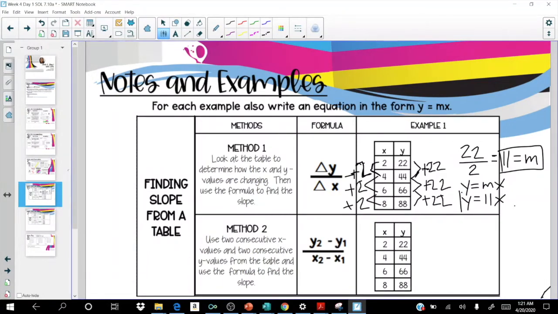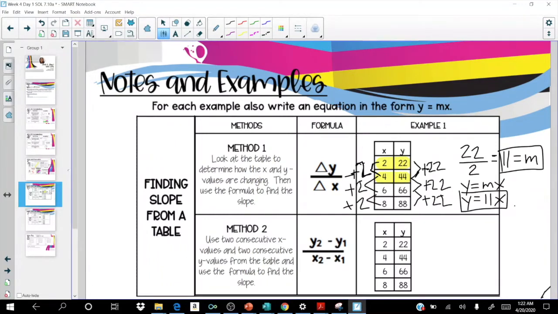So our equation to describe this relationship is y is equal to 11x. If you substitute x with any of the x values, you should get the corresponding y value, meaning 11 times 2 will give you 22. 11 times 4 will give you 44. Okay, so that equation represents the relationship.